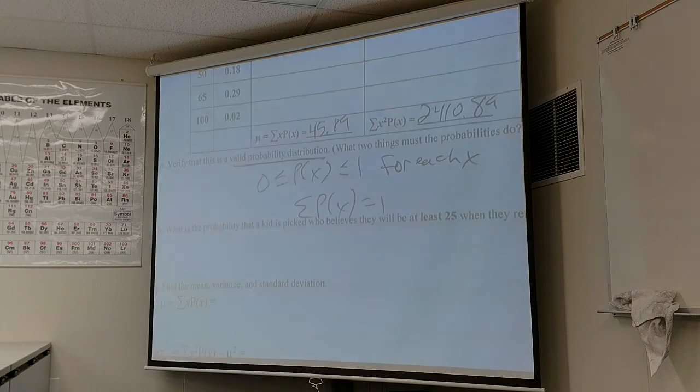Now, listen. You ready? I'm going to tell you something that I'm going to do on the test. I am going to make the sum something like 0.9999 or 1.0001. Is it still valid? Of course it is. Why would that happen?